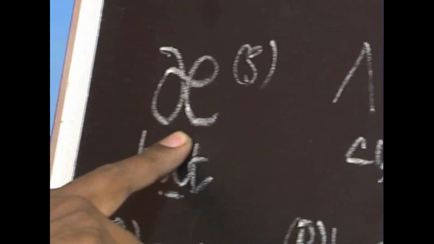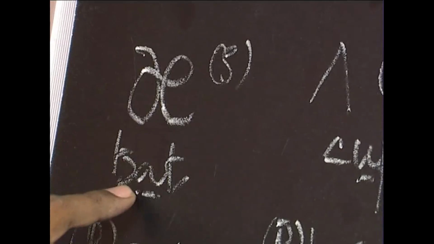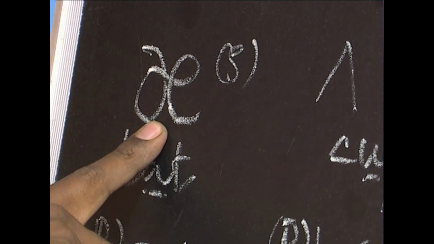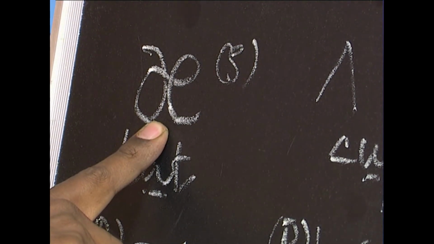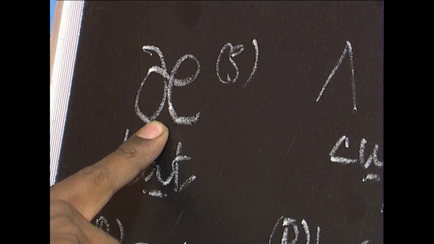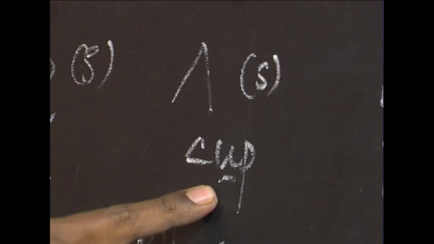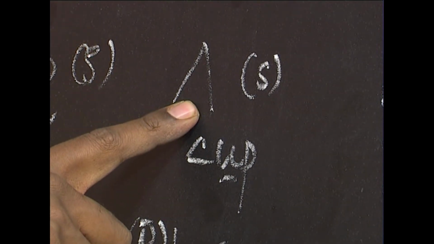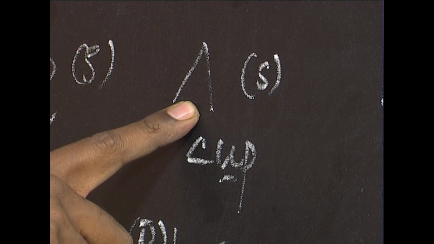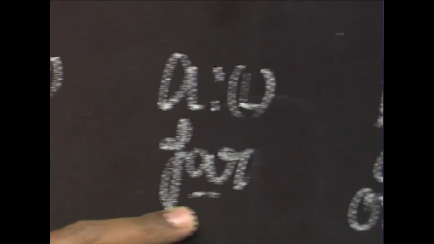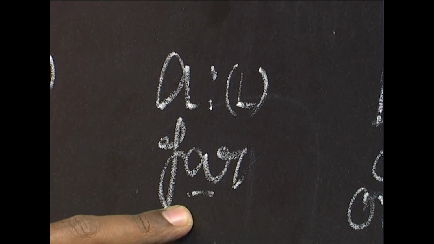The next one is bat, cat, rat. This is the sound. It's a short vowel sound under the monophthongs category. Fat. Then a short vowel sound where the alphabet is this: cup, up. Then far, again a long vowel sound.